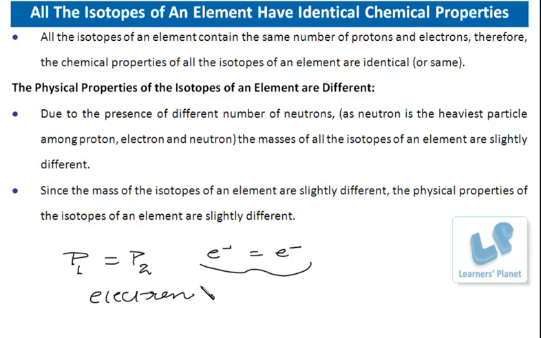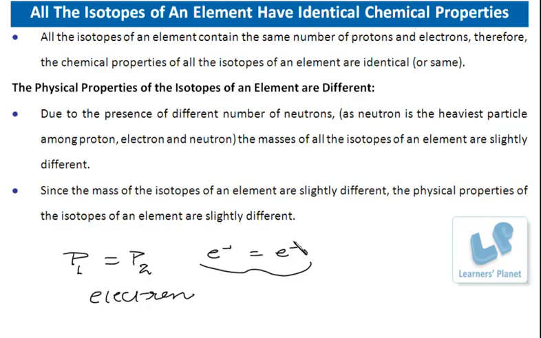But the physical properties of the isotopes of an element are different, because isotopes have different numbers of neutrons. And neutrons are the heaviest particle among the protons and the electrons. Of all the three subatomic particles, which are the heaviest ones? The neutrons.